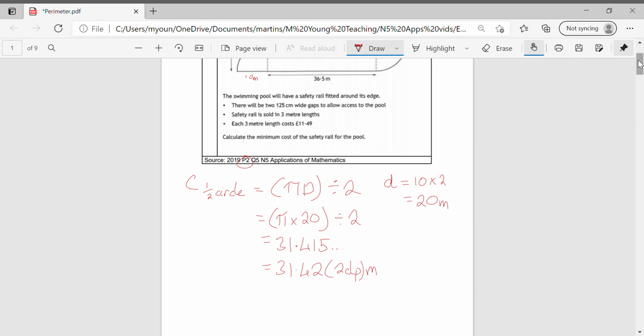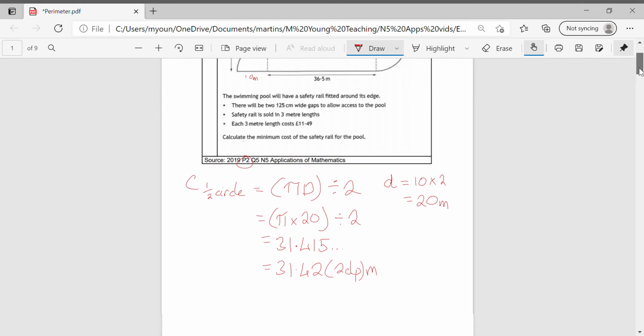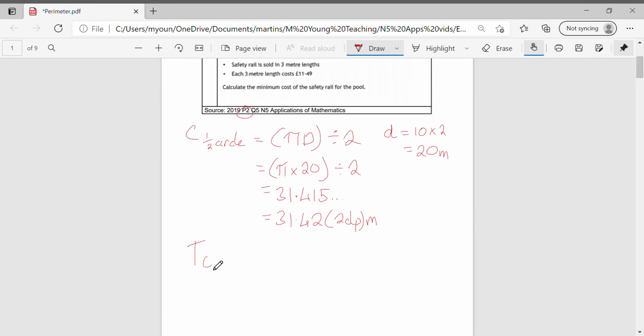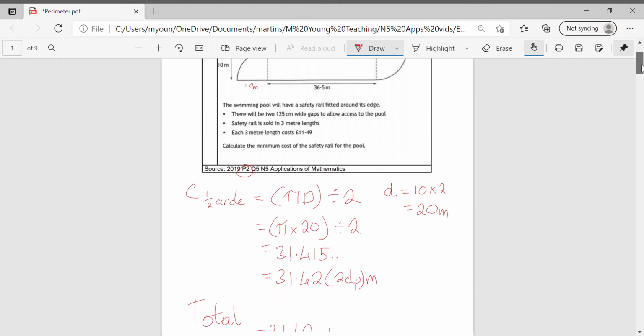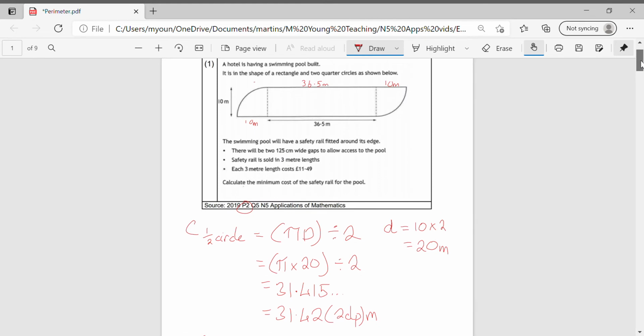So that's us now got the length of these curved parts, and to find out the total perimeter then I'm just going to add everything up. So that's going to be the 31.42. It's going to be the 36.5 plus the other 36.5 on the other side. And it's going to be these 2 10-metre sections here.